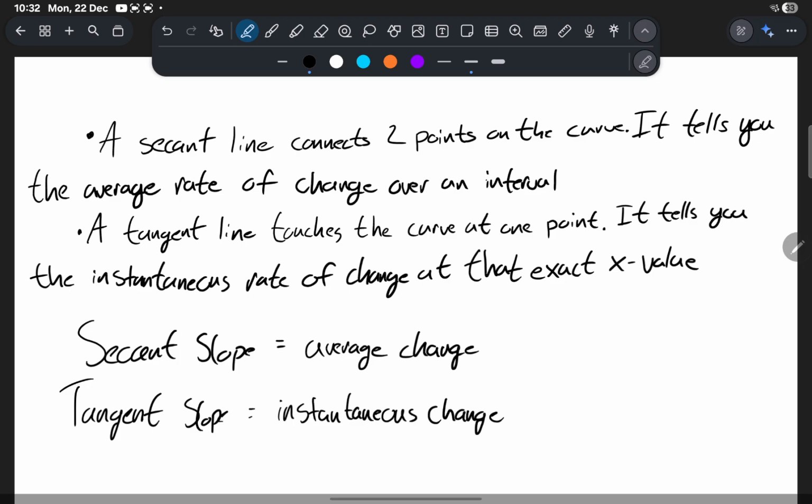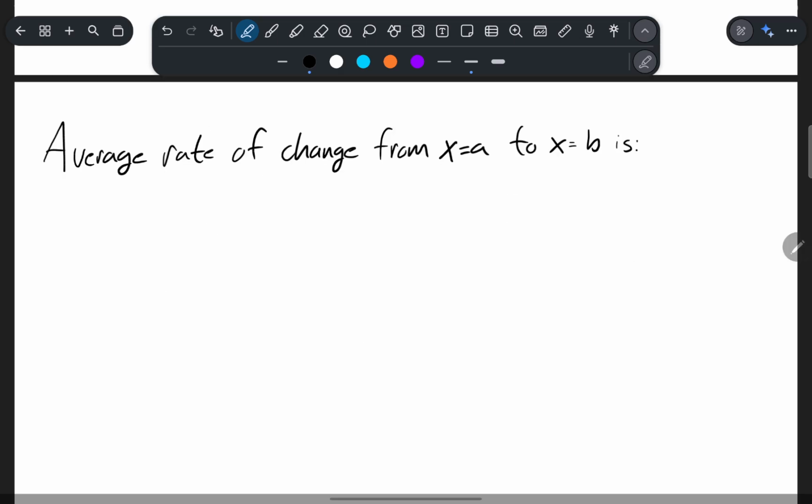So you want to think of slope as the rate of change in a graph. That is how you're going to make sense of all of this information.